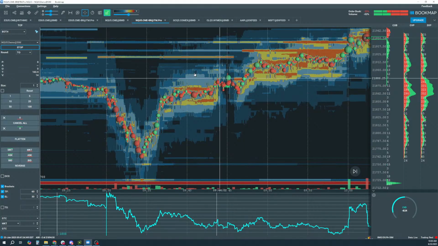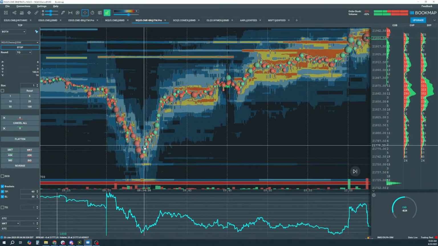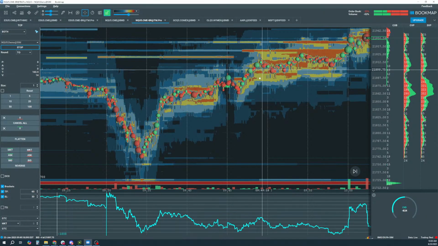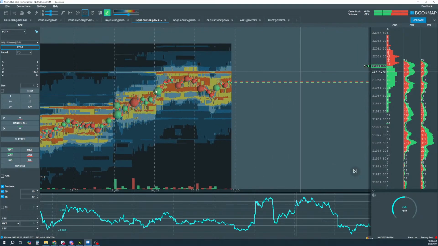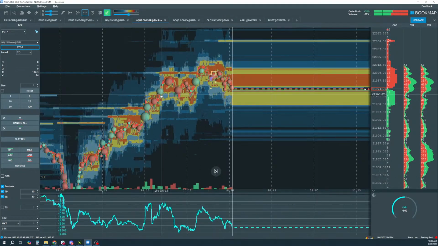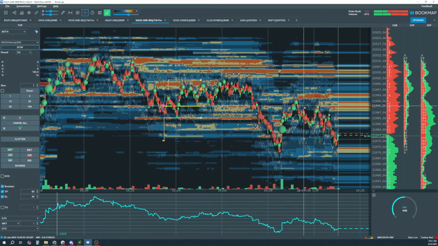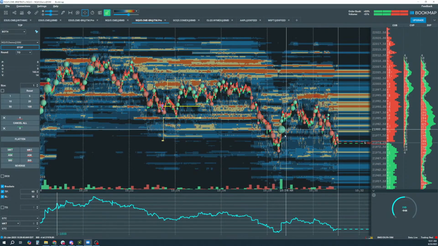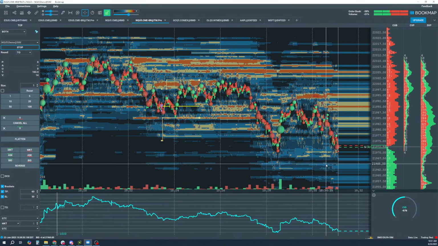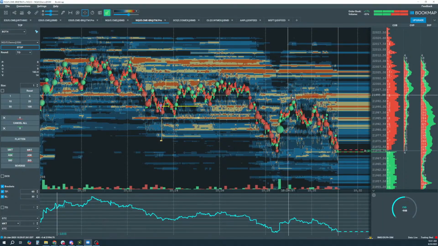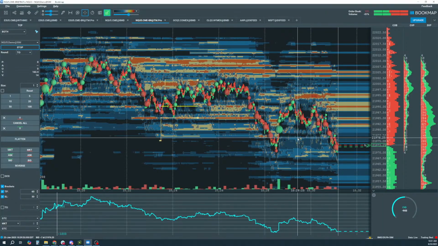Anyone that's short in here is getting squeezed on the way up. Interesting move. Even this buying in here, look at the sellers come right back in. Sellers are coming back in to take control again.